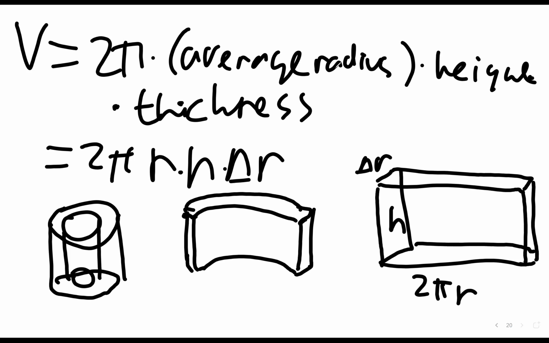So that's why you have 2 pi r multiplied by h multiplied by delta r. We will use this idea to find the volume of solids of revolution, and we call this the method of shells. So that's the idea.